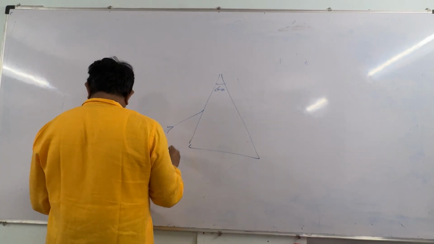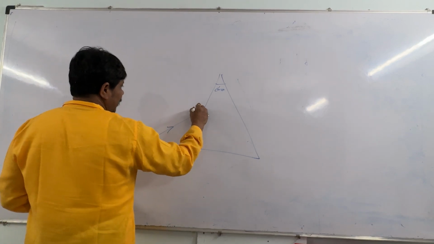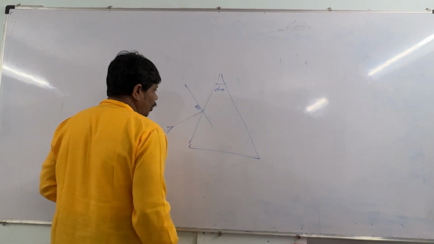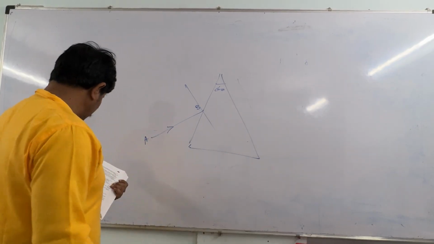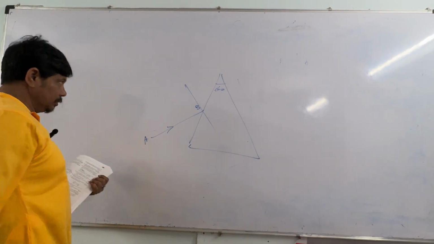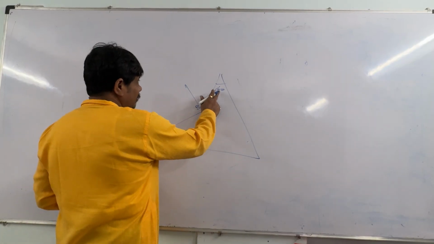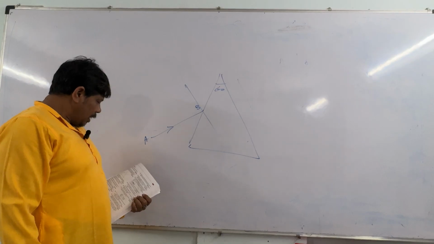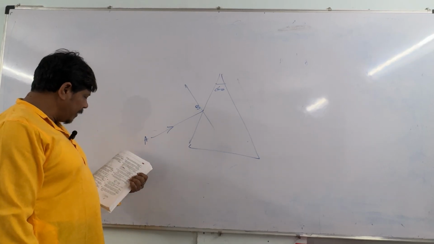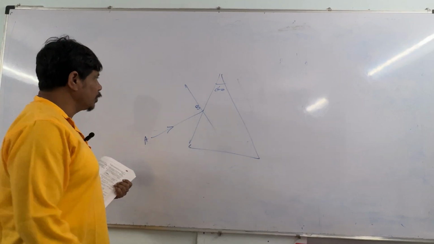It comes like this, and this is the path AB, and this is the normal. They have not mentioned 60 degree.